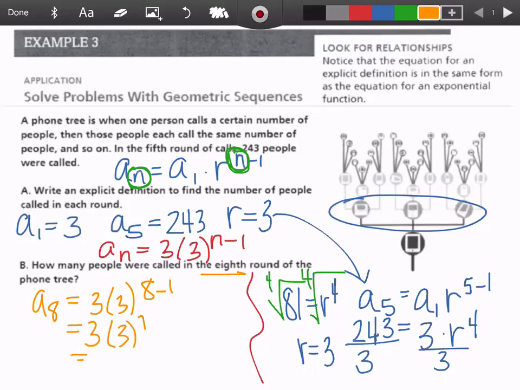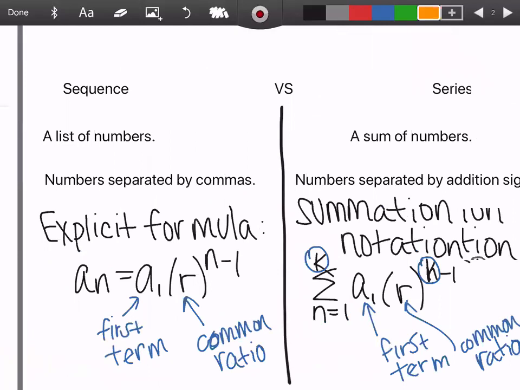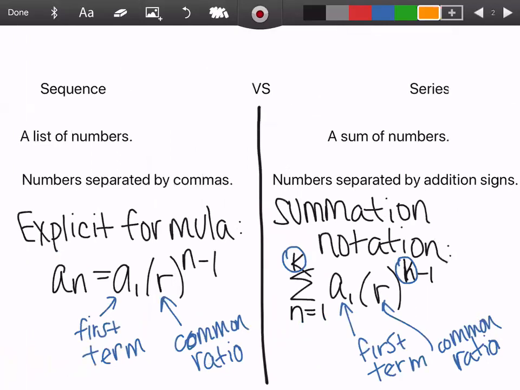Once we simplify that, we get 6,561 people. We're talking about people for this one, so it's 6,561 people.